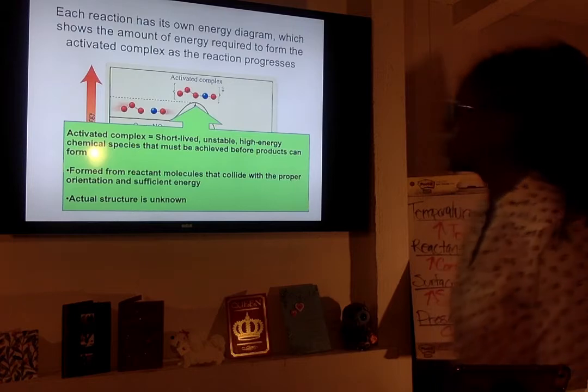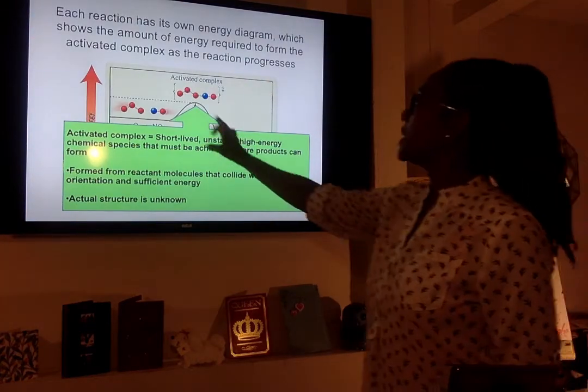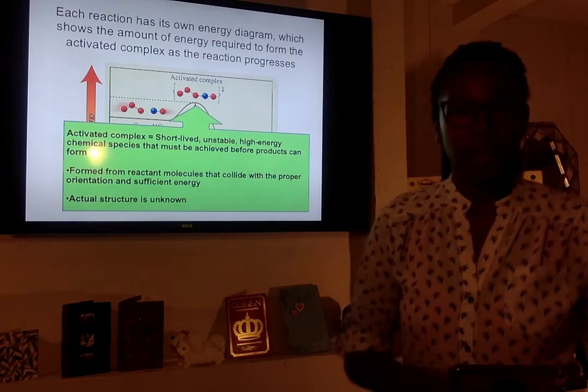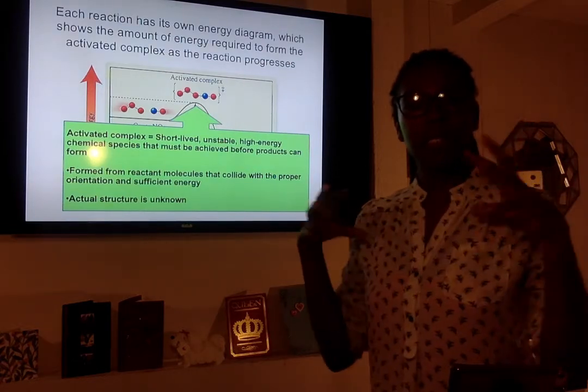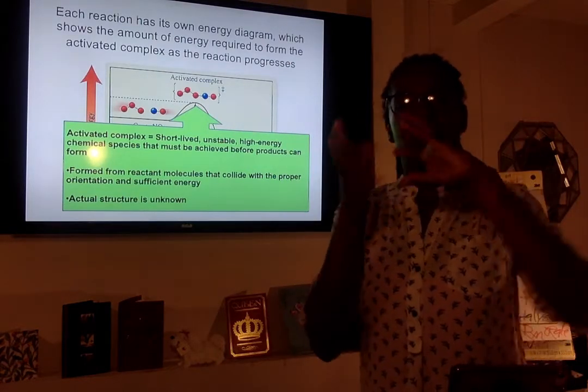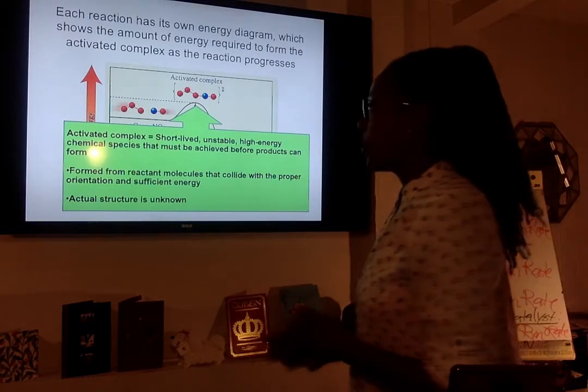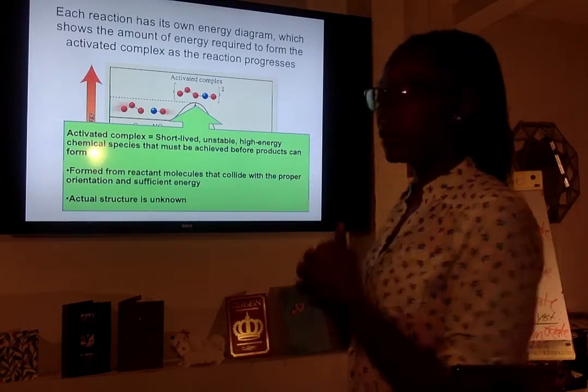And the actual structure is unknown. So this whole complex is created through collision theory, right? They need to be near each other in the right orientation so that they can begin the process of reacting, and with sufficient energy.